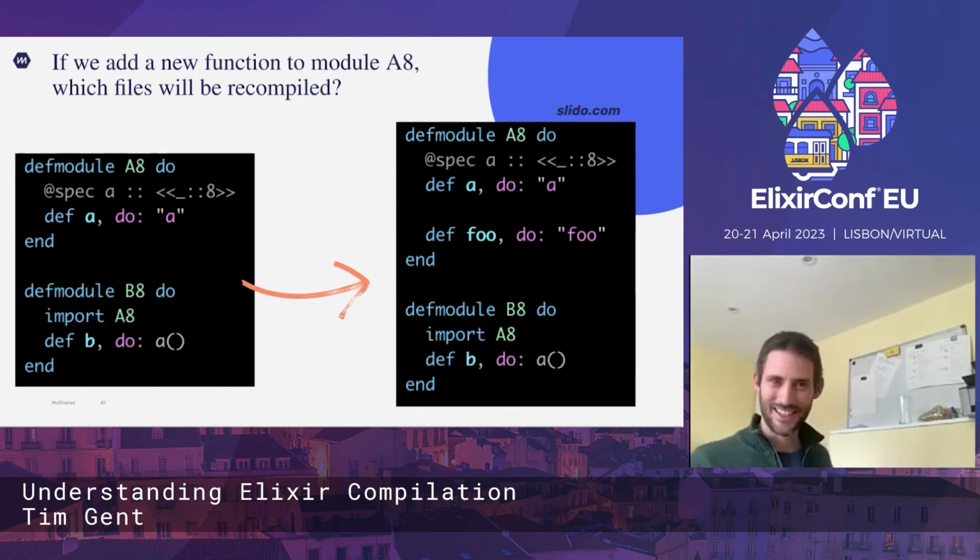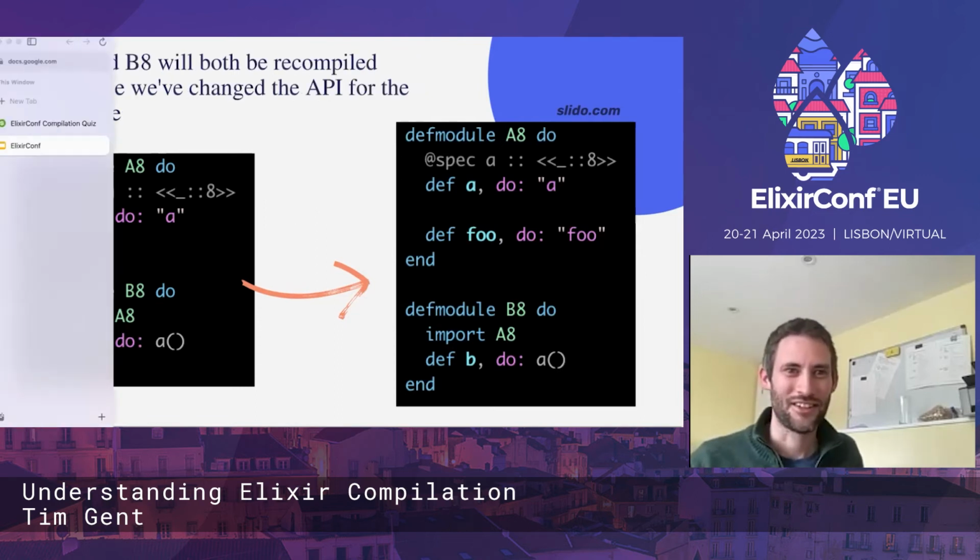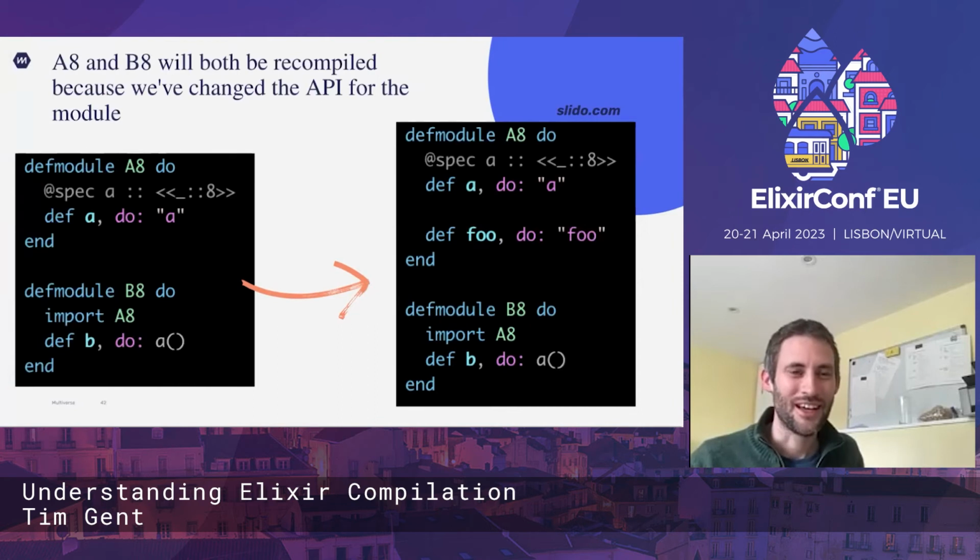That is quite right. A lot of people got this right. When we add a function here, we have changed the module API, and there's an export dependency because of this import here. So both files will be recompiled in this case.